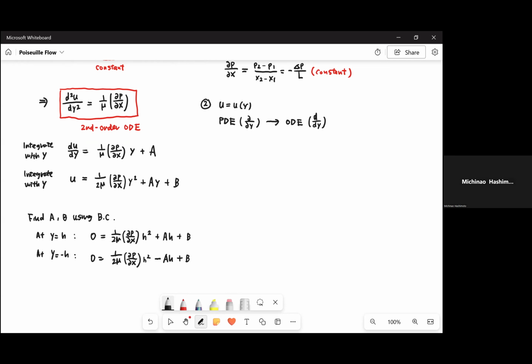This is just solving simultaneous equations for a and b, two equations, two unknowns. We are able to solve this.